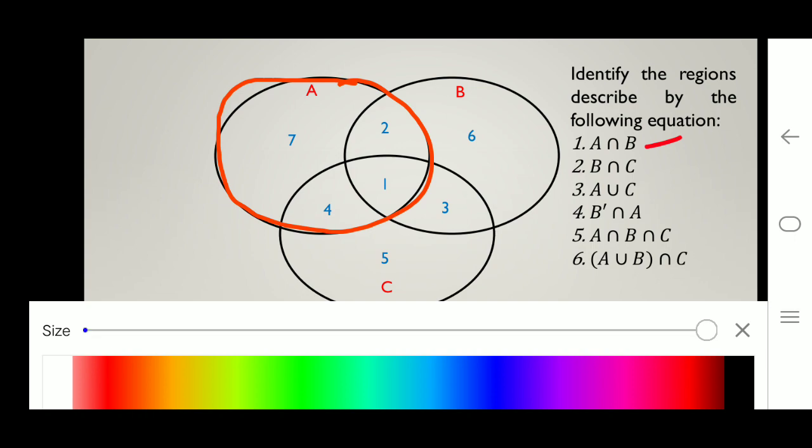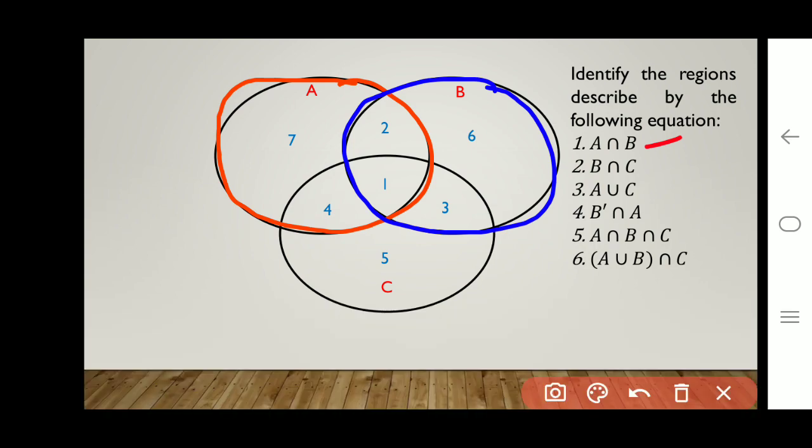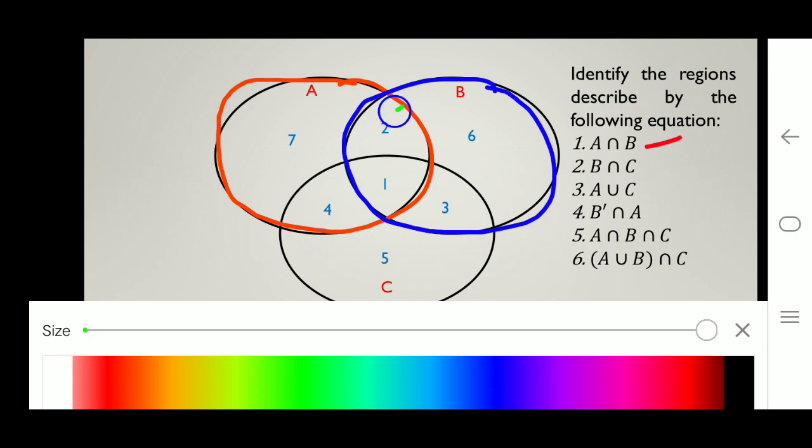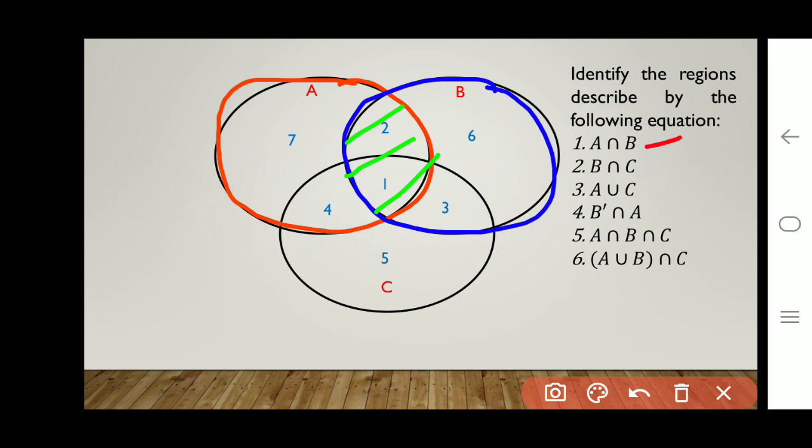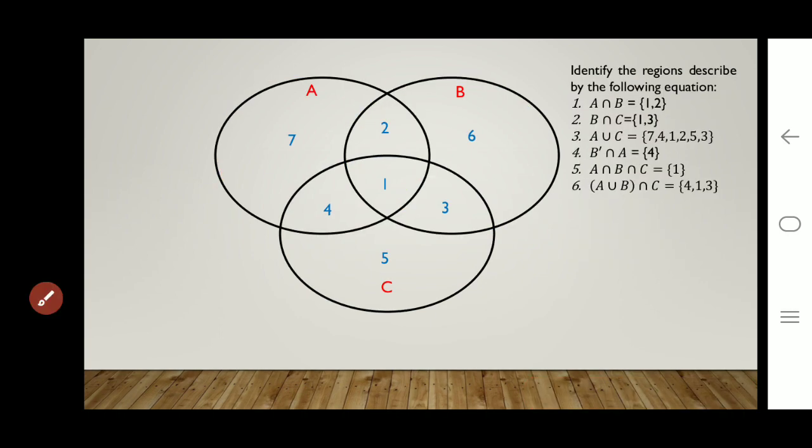How about naman si B? Ito siya. Asa naman yung element in common niya? Yung intersection ng mga circle nila, ng mga area nila is ito. Therefore, ang sagot, yung region na intersection ni A and B is 1 and 2.